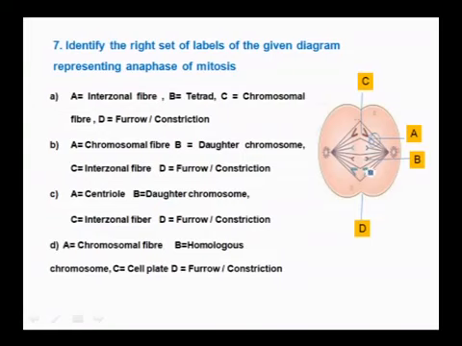Label B is indicating the daughter chromosomes. Label C is indicating the fibers which are formed between the daughter chromosomes. They are referred to as interzonal fibers, which will push away the daughter chromosomes. And D is the furrow of constriction, or the initiation of cytokinesis. The right option for this question is B.